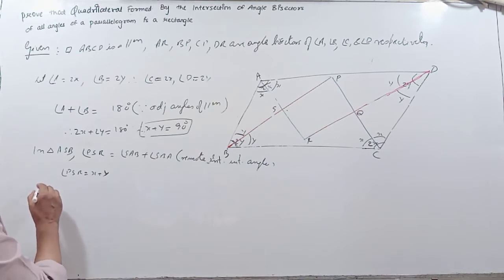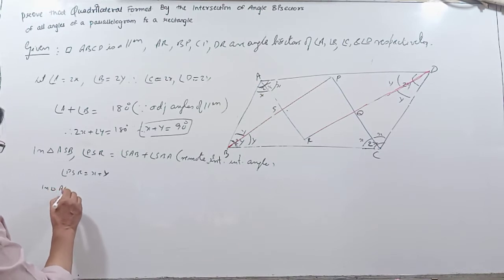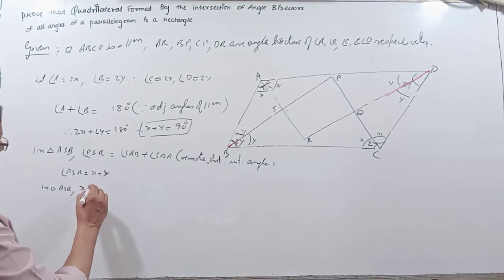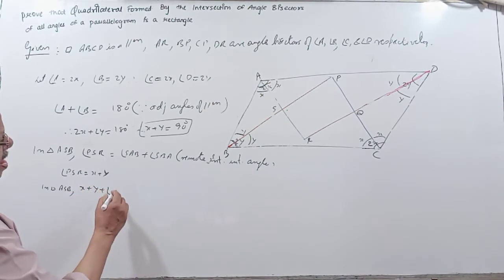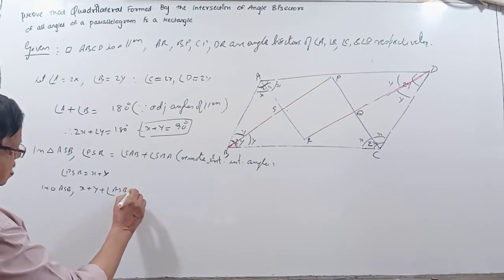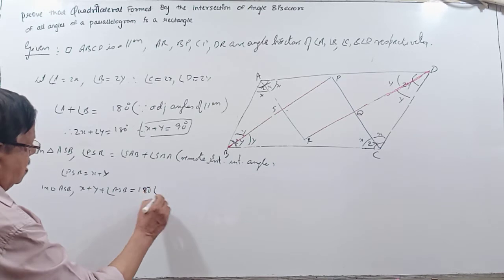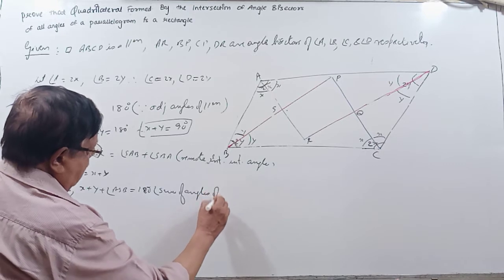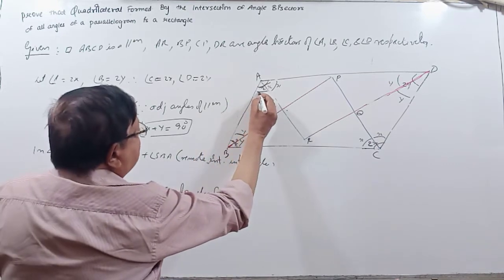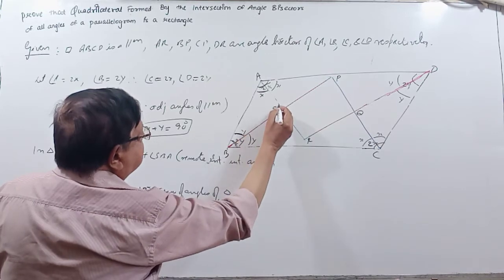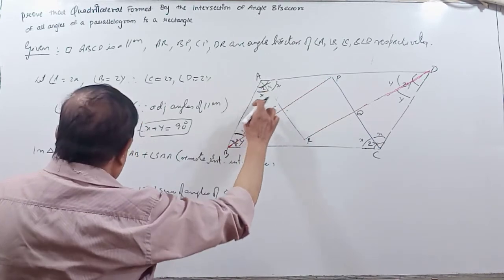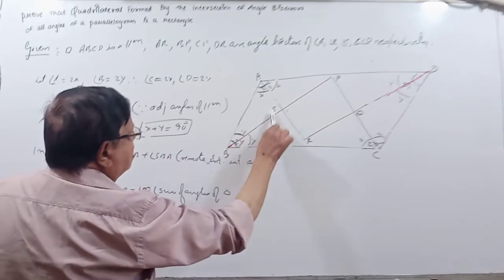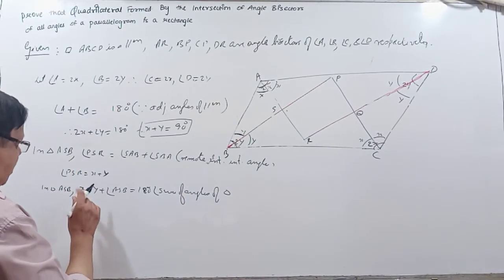Now, again, in triangle ASB, x plus y plus angle ASB equals 180 degrees. Sum of angles of a triangle: this angle plus this angle plus this angle is equal to 180 degrees. Therefore, what is x plus y?